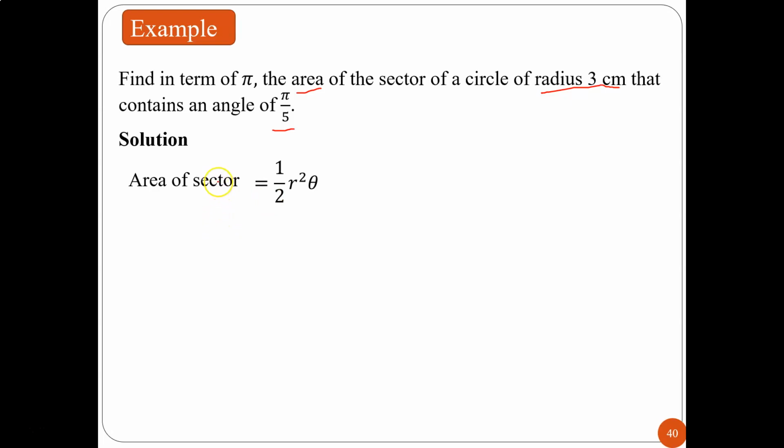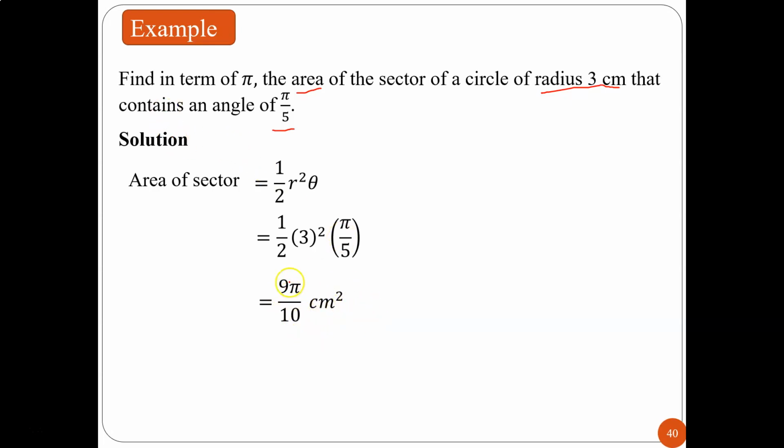So now we still don't know what the area is. You have r and also you have theta, right? So we're going to substitute half, your r equals 3 squared, and theta equals pi over 5. So 3 squared, you get 9. So just multiply it. 9 pi over 2 times 5, you get 9 pi over 10 centimeter squared.